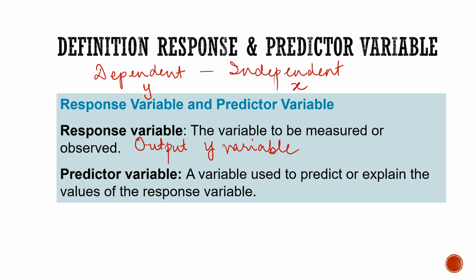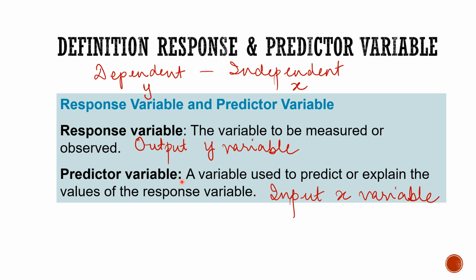Predictor variable, on the other hand, is used to predict or explain the values of the response variable. And the predictor variable is the x value, the input value, or rather input variable. The input variable is x, so it's the x variable. Now we will be using these terms quite frequently in the rest of this chapter, as well as in chapter 15.